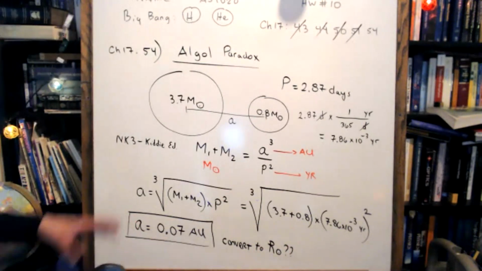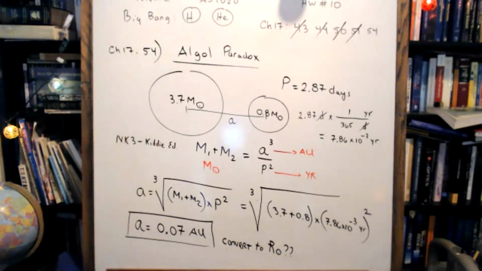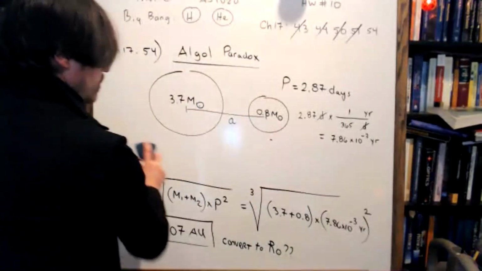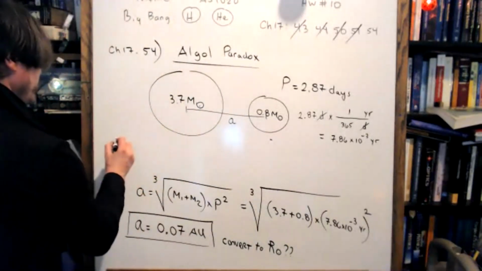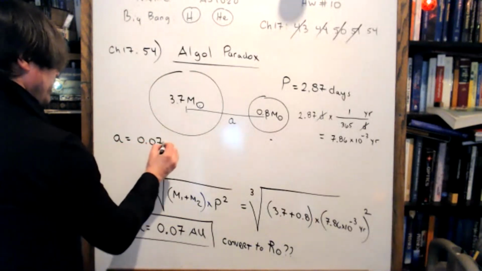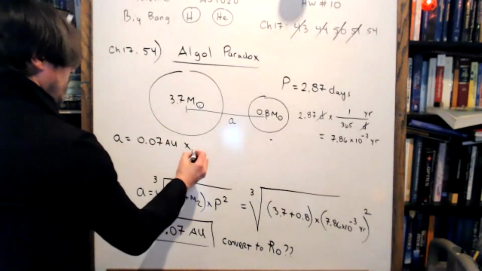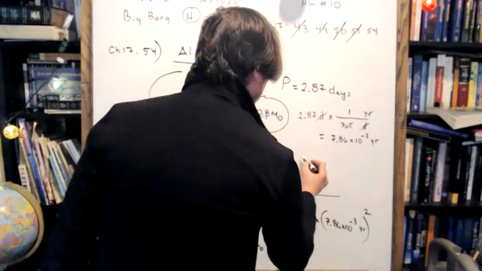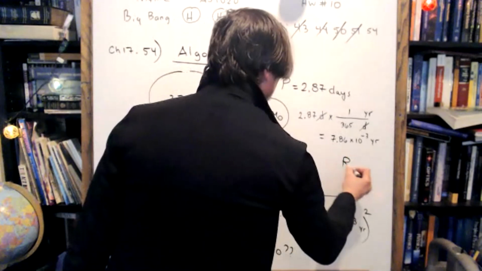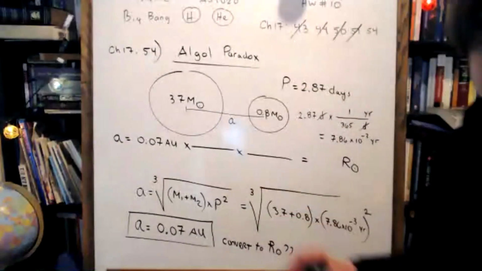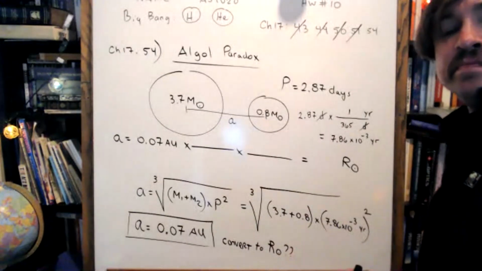I'm going to have to erase a little bit of stuff up here. Mateus, you've got a separation of 0.07 AU. I'll give you a hint. It's going to take you 2 division bars to get to units of solar radii. Help me fill in the units here.